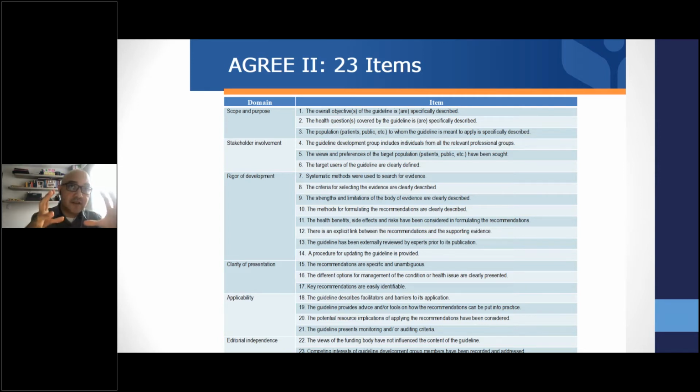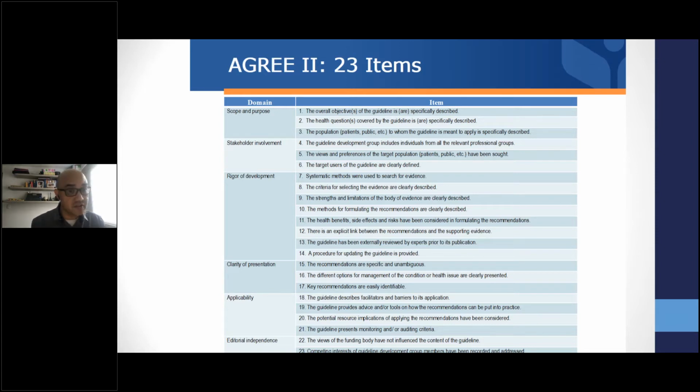If it was an obesity guideline, were all the specialists and healthcare workers involved in obesity management or diagnosis or rehabilitation invited to be part? Do we have dietitians? Do we have nurse specialists in this management? Do we have psychologists? If the guideline scope covers something about mental health, that means all the professionals involved in the management should be represented at that table.